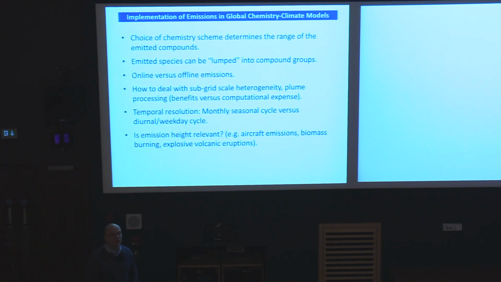How high you want to go, there is no magic answer to that. You have to test out what gives you good results. Another example would be emissions from explosive volcanic eruptions, which can be transported quite high up into the stratosphere. So you don't want to put these at the bottom of your boundary layer in the model.